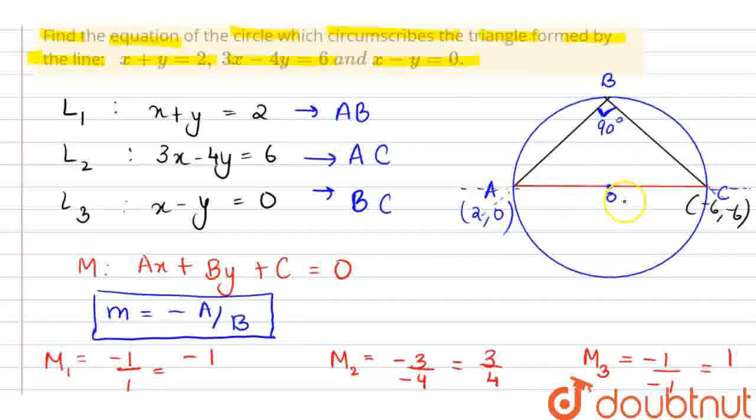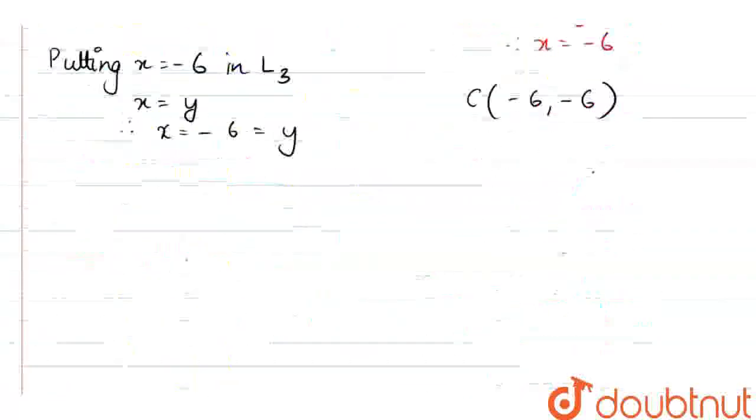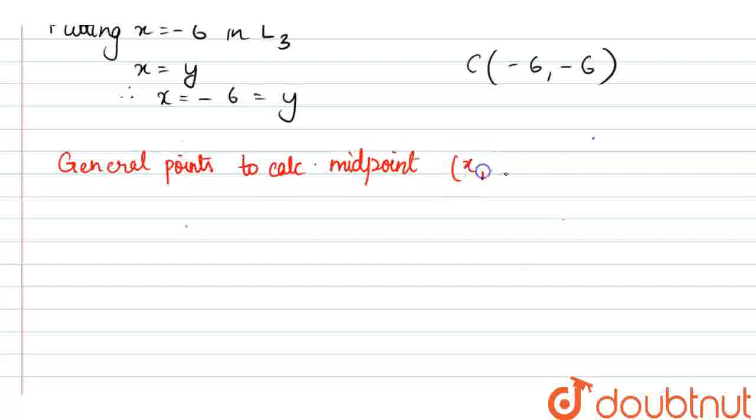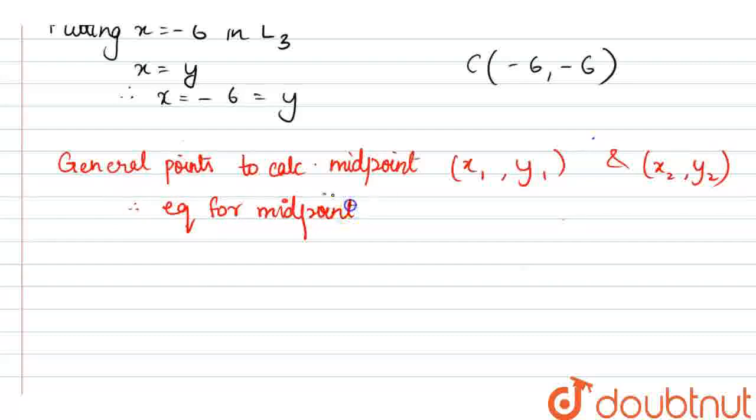But for AO, we need center point O. To get the center point O, we know that it is the center of the line, so this is the midpoint of A and C. To calculate the midpoint, if the points are in the form x1, y1 and x2, y2, then the general equation comes out to be x1 plus x2 by 2, y1 plus y2 by 2.